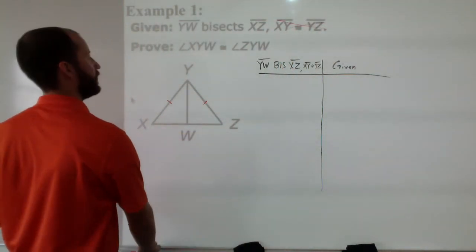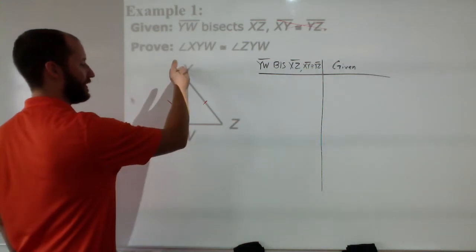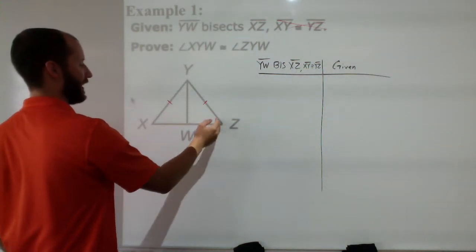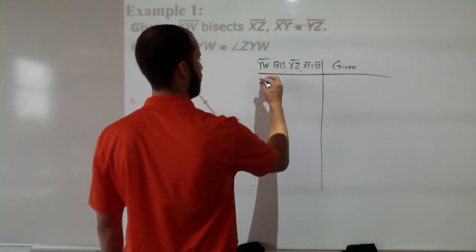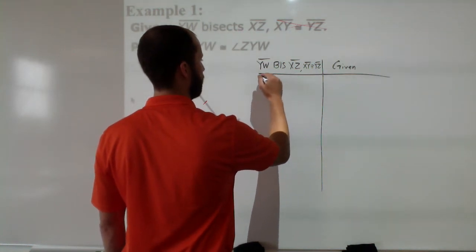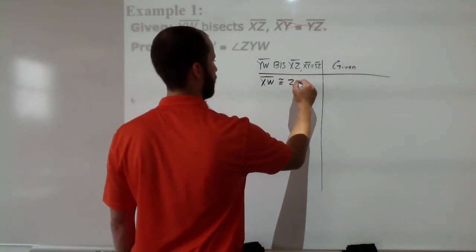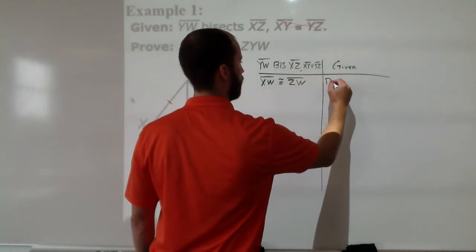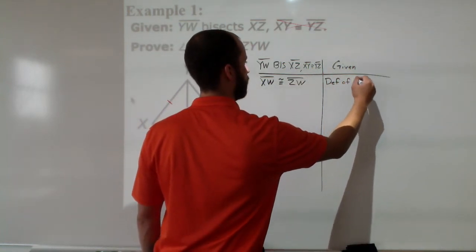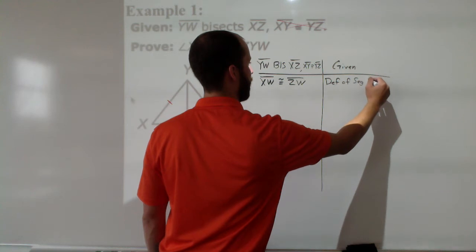Now let's use the fact that we have some bisecting information. Line segment YW is bisecting XZ. We've seen this before. That would mean that XW is congruent to ZW by the definition of a segment bisector.